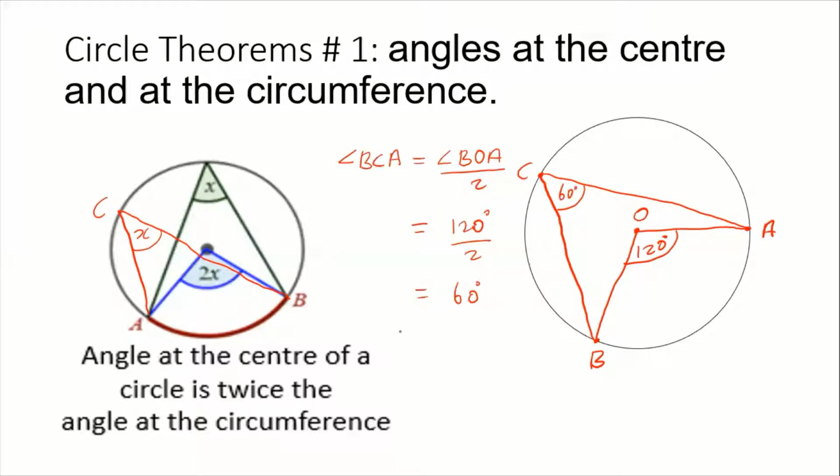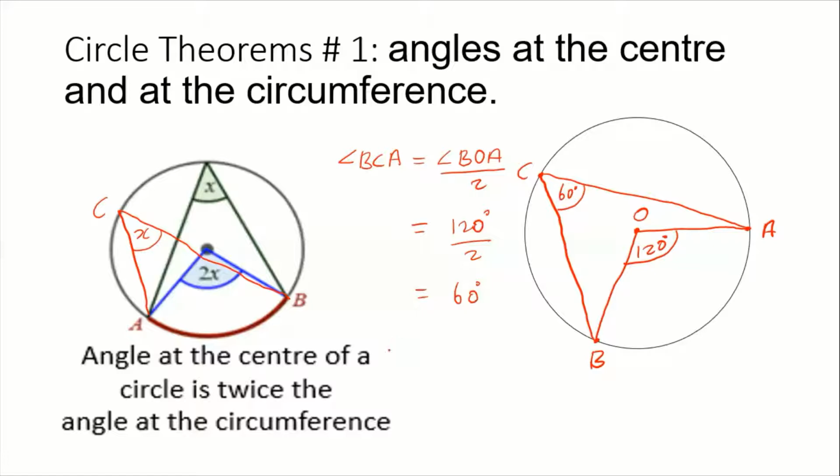Now, most times you are asked to justify your answer. So the reason is always going to be the rule. So you would say how you know that this angle is half that one: it's going to be angle at the center.